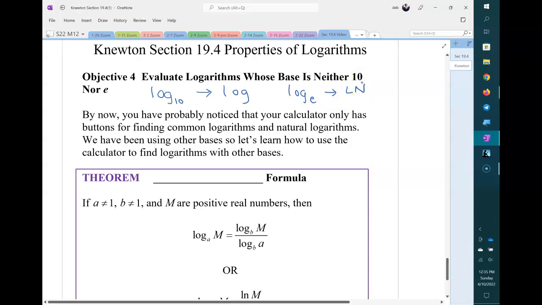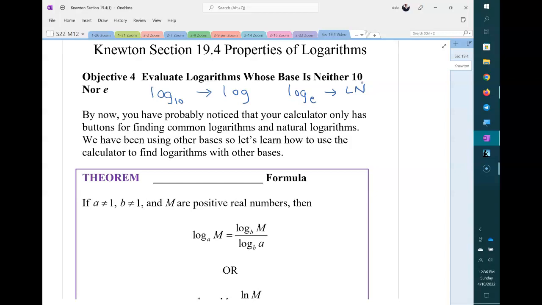Mine actually has it in caps so that it's really obvious, because in some fonts that L doesn't come across very well. So make sure you're clear that it's not an I. I end up getting a lot of handwritten work where students think that's an I, but it's ln for natural logarithm.